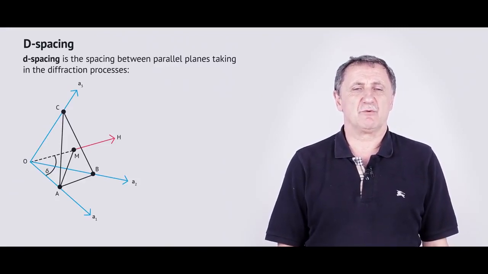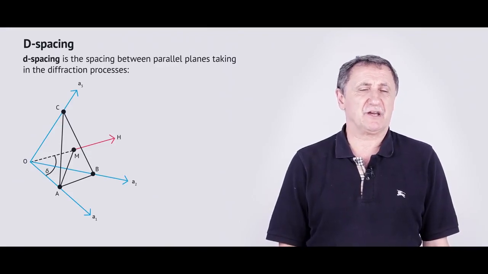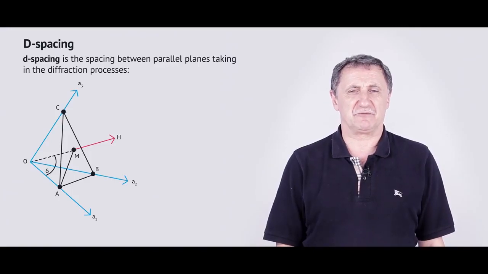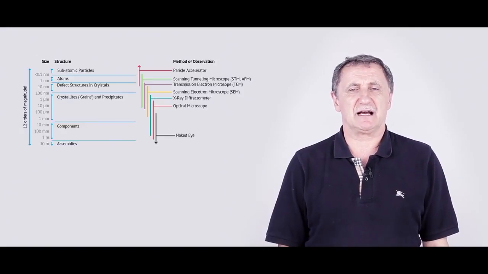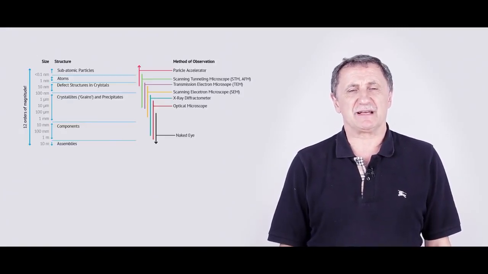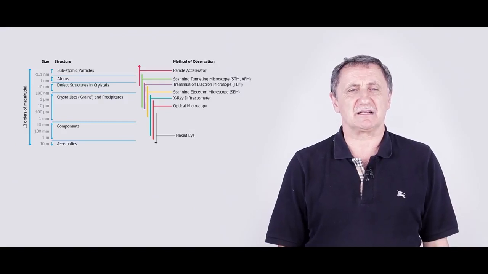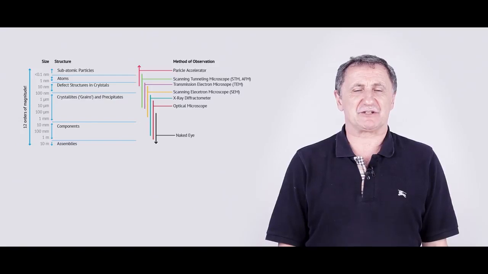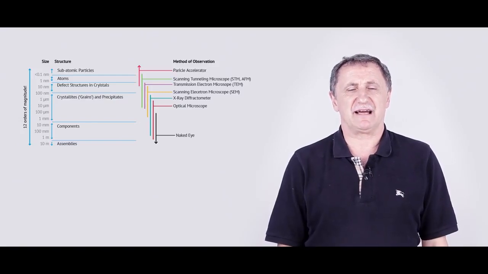In other words, what phases do we have? Because it's very, very important to know the phase composition of your materials. And so we are sitting now on sizes on the order of, let's say, 10 angstroms and maybe a little bit above 10 angstroms. And the X-ray diffraction technique is a very nice approach in order to answer the question.